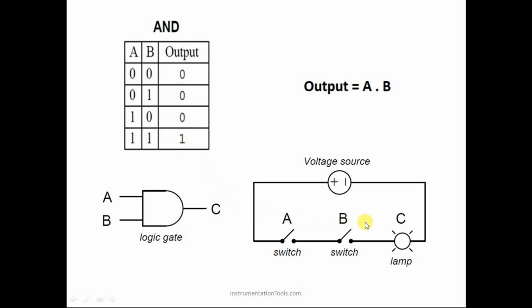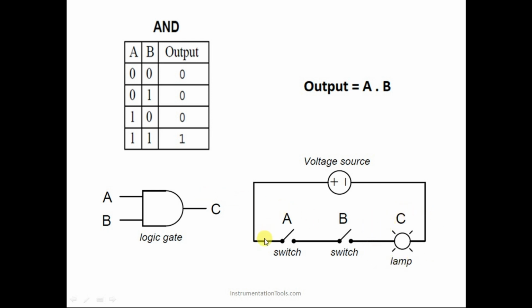The same thing can be done using this circuit. In this circuit, both the switches A and B are connected in series. So only when both the inputs are high will the output be high, otherwise the output will not be high.